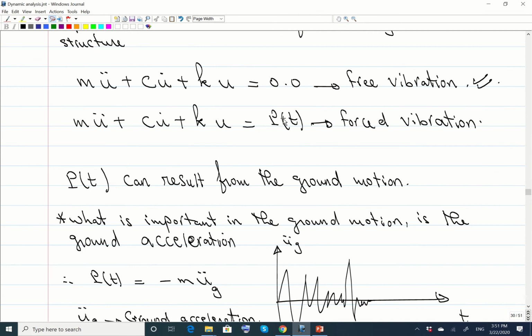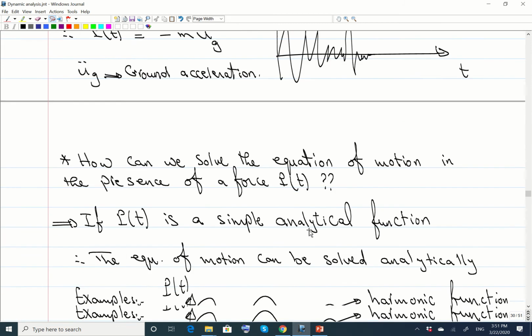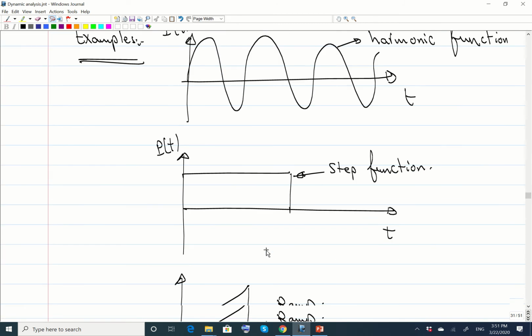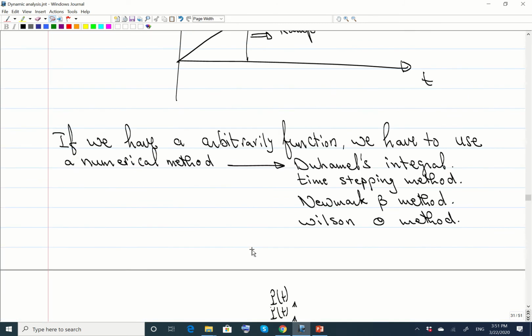If P of t is just a harmonic, a constant, or a ramp function, we can solve this by hand. Analytical means you can find a closed form mathematical solution for this. But if it's an arbitrary force that comes from an earthquake, it's so hard to define the force, so we won't be able to find a mathematical solution for that.